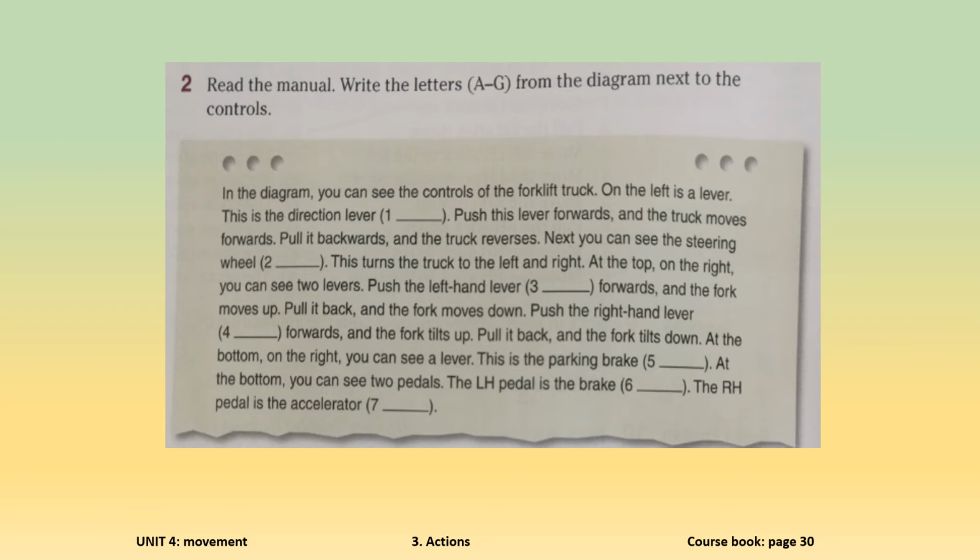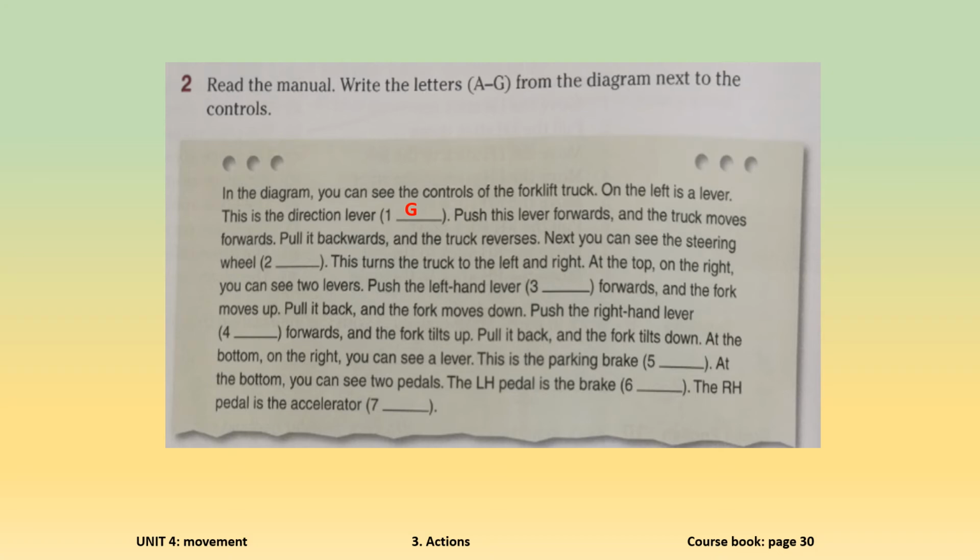On the left is a lever. This is the direction lever. We need to write here the letter. I'll do the first one with you. So this is G. Now I will read the rest, but I will not give the answers. Then I give you some time to try to figure out the answers yourselves.